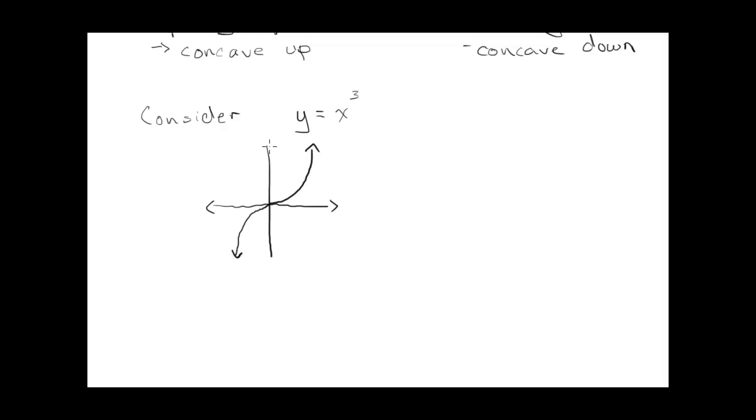It's actually kind of doing both, and now we're going to talk about the concavity. If we took values less than 0, so if x is less than 0 in this example, then the tangents would all be above the curve, right? So in that case, it's concave down.